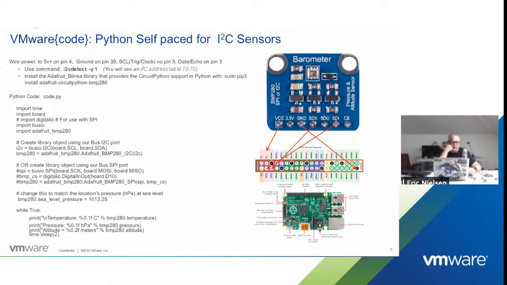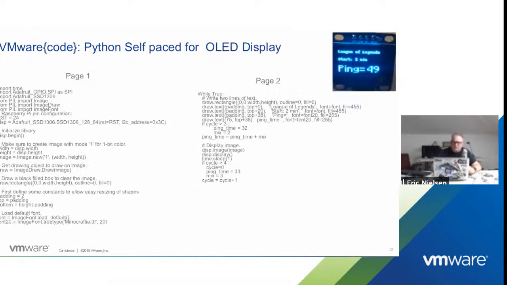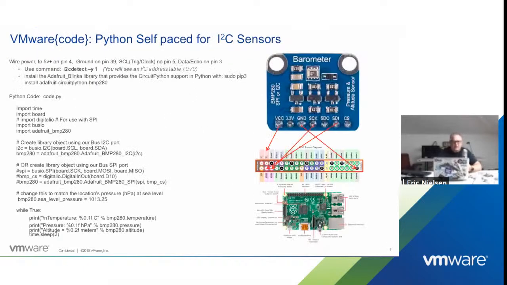Now that I've imported it, I want to create an I2C object. I just set up I2C. That's going to be my I2C object that talks a bus protocol, and I use the busio library and the I2C function or method, and then I pass it in the board clock and the board data lines.